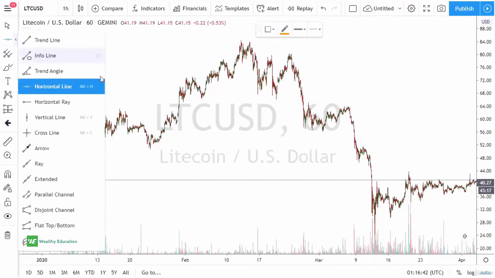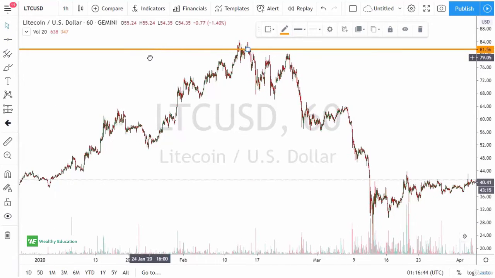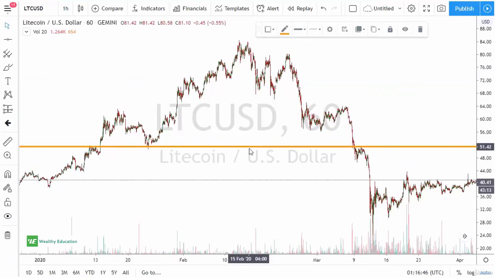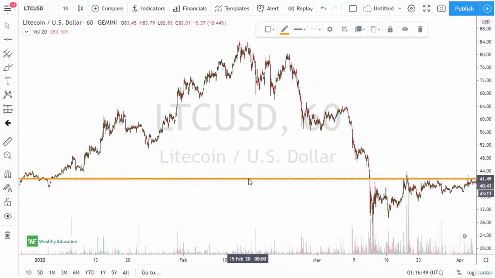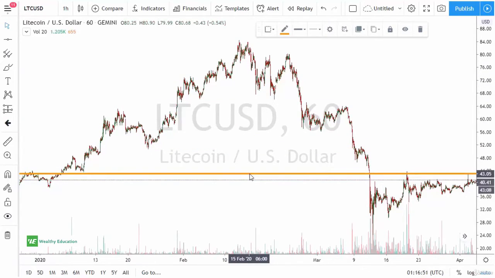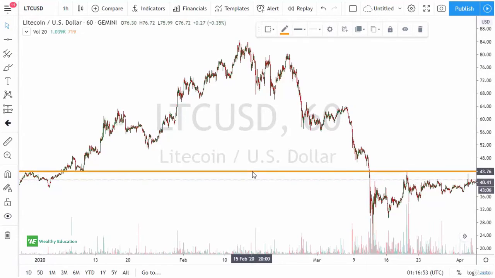So you can click on a horizontal line tool, and you can drag this bubble until you find several places where price either does or doesn't go above or doesn't go below.